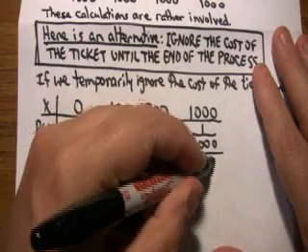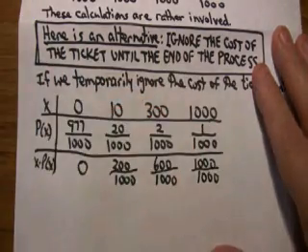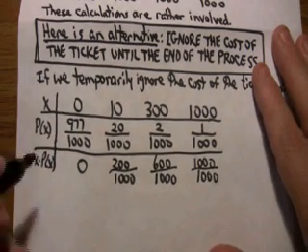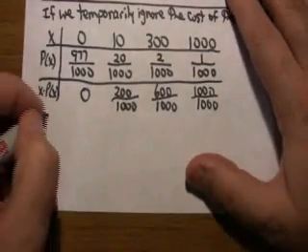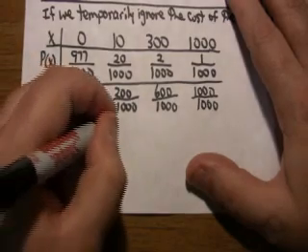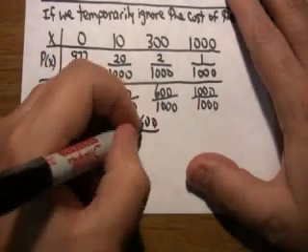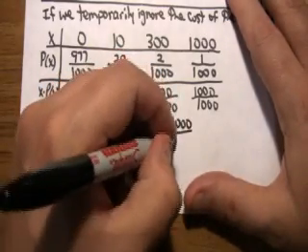That's really just 1, but I'm going to go ahead and write it this way. So the expected value is the sum of those products. So the expected value of x is 0 plus 200 1,000ths plus 600 1,000ths plus 1,000 1,000ths.